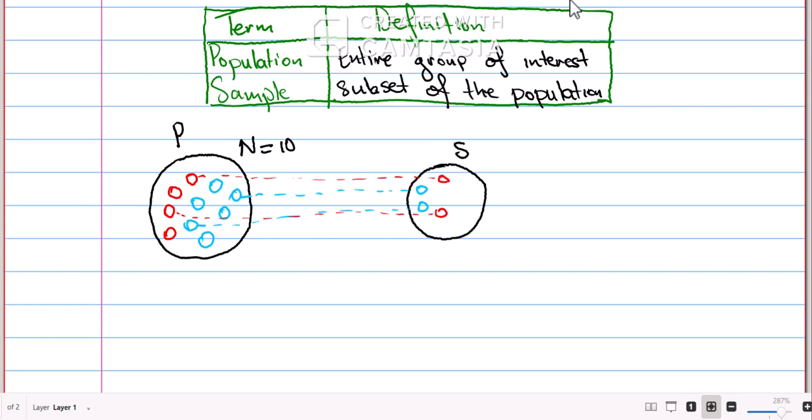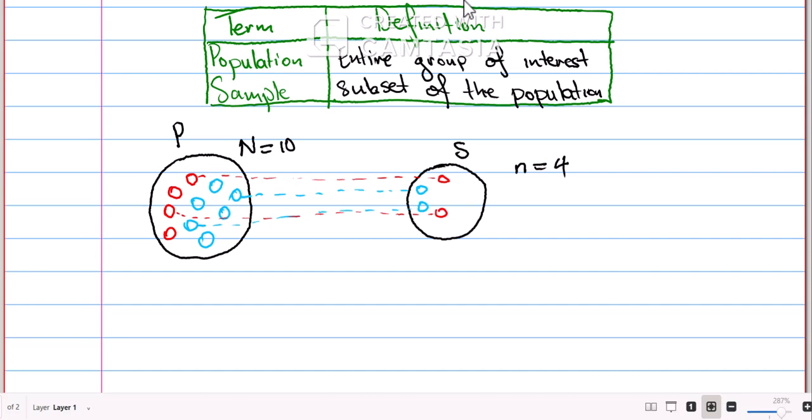Okay, let's just stop there. For the sample size, we use the small letter n. So how many cars do we have in the sample? We have 4 cars, 2 blue cars and 2 red cars. So the total here is 4.